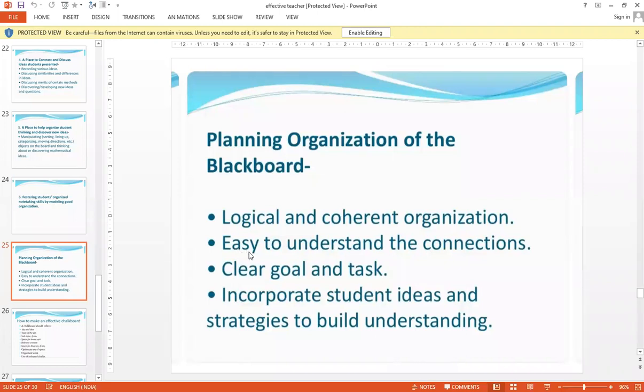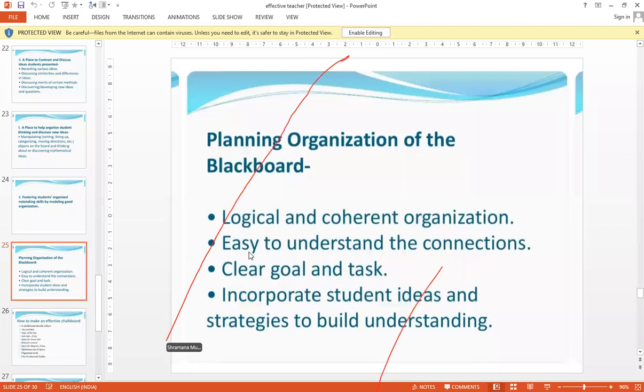Logical and coherent organizations, easy to understand the connections, clear goals and tasks, incorporate students' ideas and strategies to build understanding. It should be in brief. It should be in a logical way, so that it will be easier for the students to understand the connections. We have to make use of the board to clear the goals and tasks of the students.